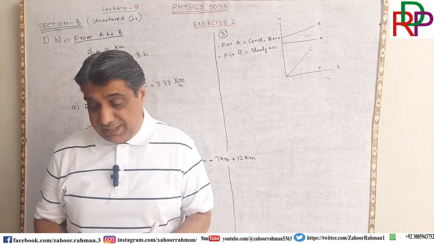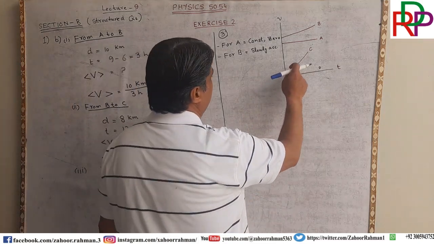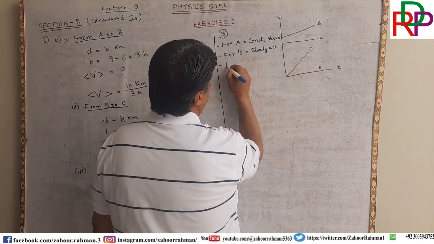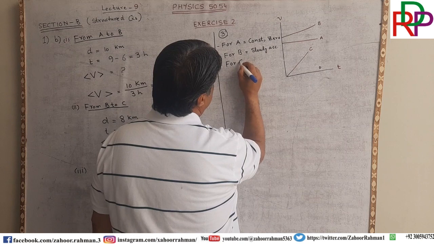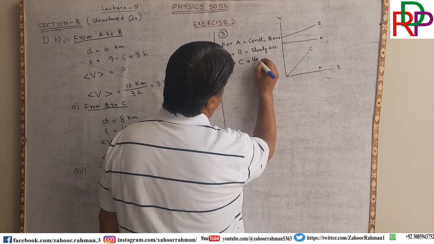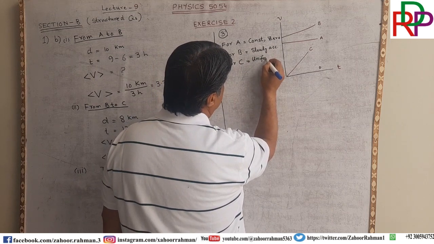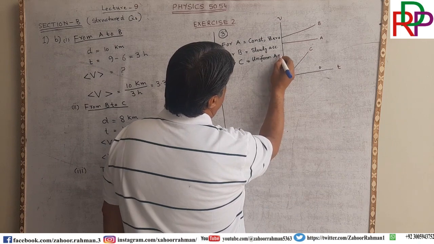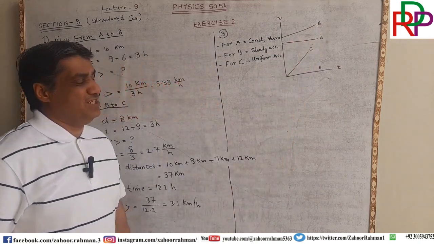The third part is showing us uniform acceleration. For C, we are having uniform acceleration. Yes, it is uniform. We studied that.